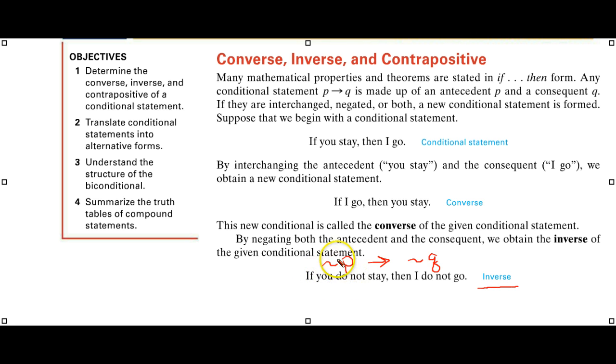If you do not stay, there's the negation, then I do not go, the negation. This is referred to as the inverse. So we have the conditional statement, the converse, just switching them around, and then going back to the conditional statement but negating them, we get the inverse.